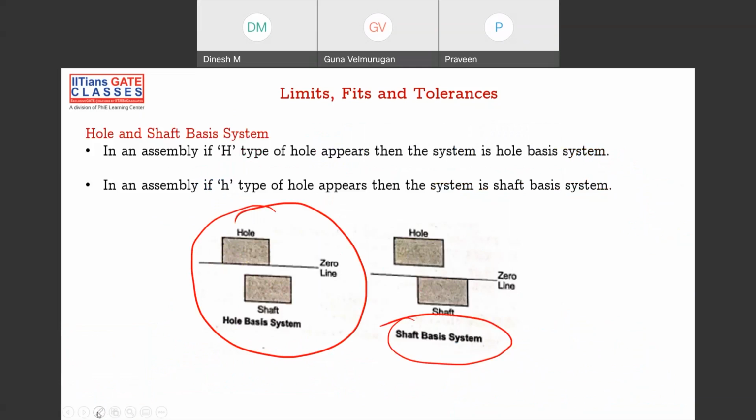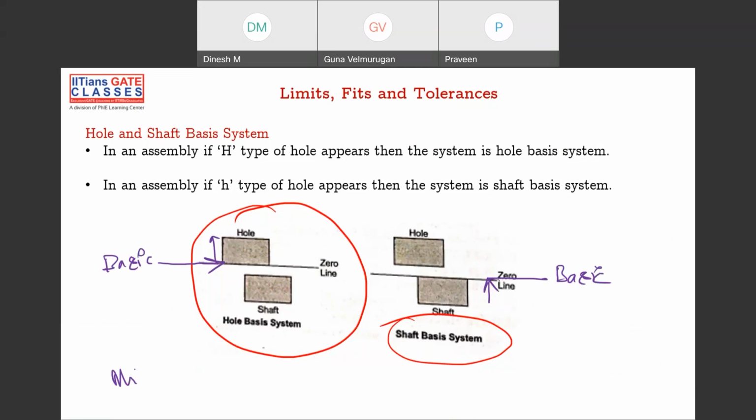If you take a hole, you see the minimum size of the hole is exactly equal to the basic size, and the maximum can go up. And if you see the shaft, the maximum value of the shaft is equal to the basic size.